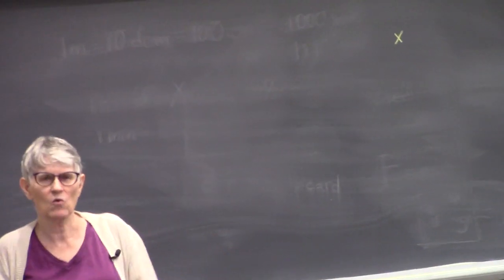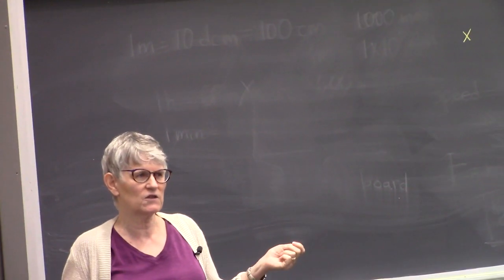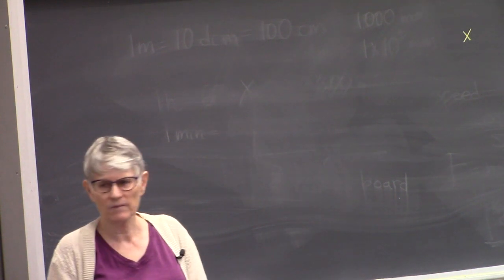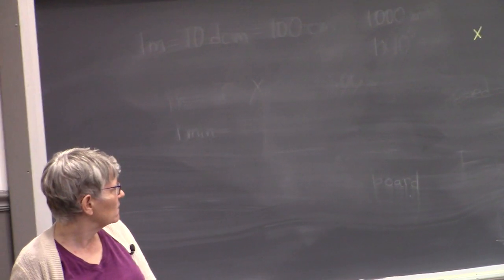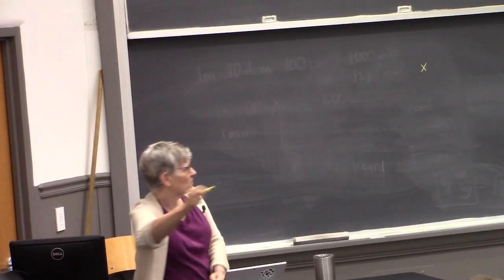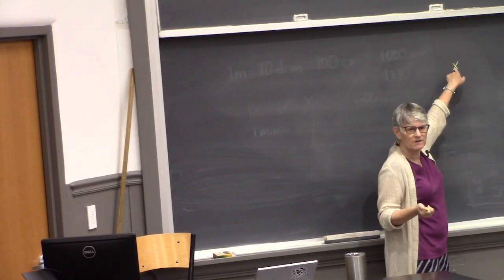What do you think its coordinates are in our coordinate system? We're using SI units, so meters, kilograms, seconds. What do you think the vector going from this origin to this location is, approximately?